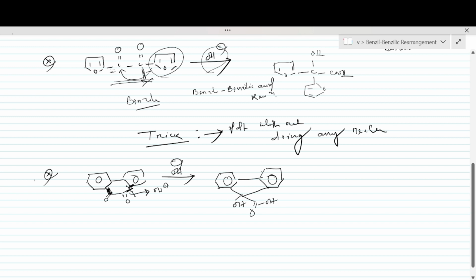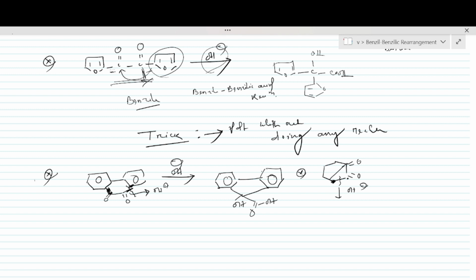Let's discuss one more example. If you have a substrate like this, OH minus ion, then what will happen? Break that bond and connect this carbon with that carbonyl group and put a hydroxy group over that carbonyl group.